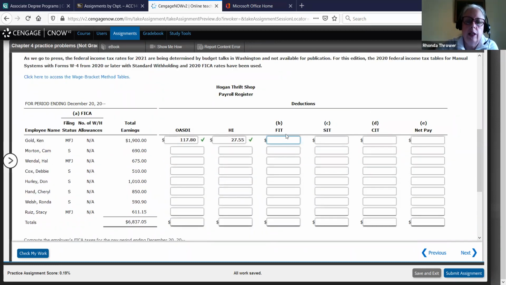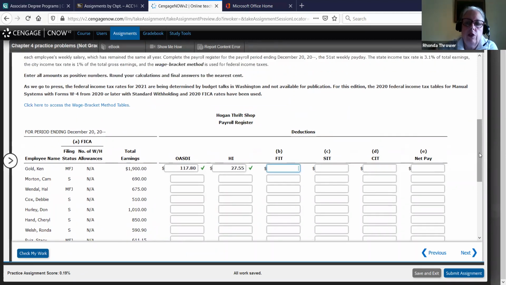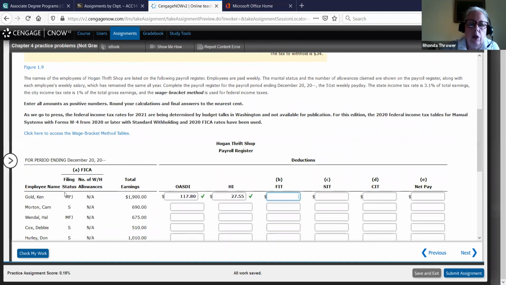For the FIT, which is the federal income taxes, what we have to take into consideration now is that the filing status is married filing jointly, and the amount of the weekly wages was $1,900, and we're using the wage bracket tables.